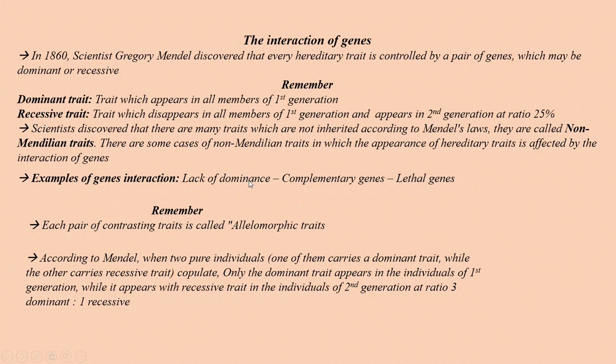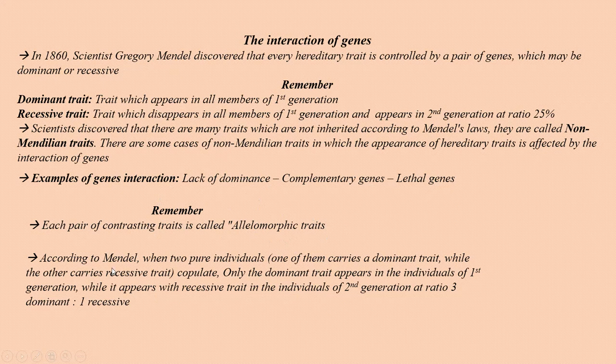Okay, طيب I need to remember that each pair of contrasting trait is called allelomorphic trait. يعني ايه؟ يعني انا عندي مثلا for example yellow and green، دولت الاثنين contrasting traits، واحدة مقابلها the other one، دي بسميها ايه؟ allelomorphic trait. For example yellow and purple دولت allelomorphic traits.